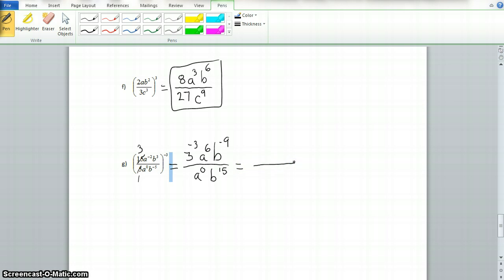Now, we've got to clean this up. The next thing I'm going to do is switch everything around to make sure everything has a positive exponent. I'm going to go systematically right across my numerator. 3 to the negative 3 power. If it's a negative exponent, it's going to switch places and the exponent becomes positive.